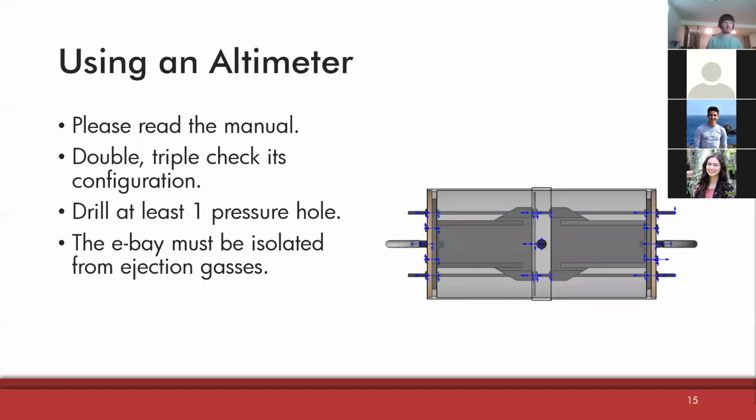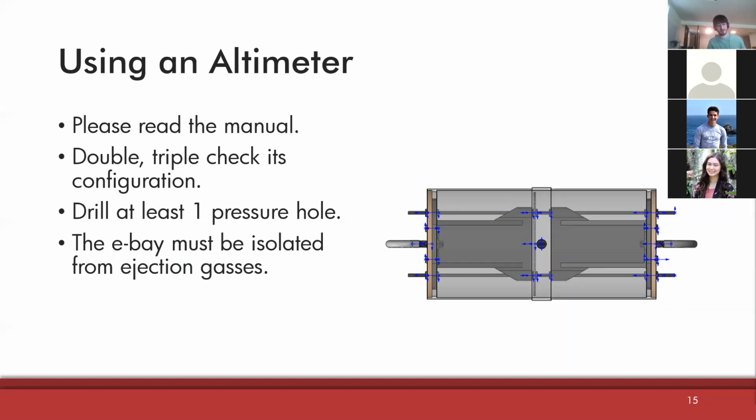Continuing on using an altimeter, as I said before, please read the manual. You want to know how it actually works before you use it. The other thing, double, triple check your configuration before you actually close up your rocket. That will save you from being that USLI team that blew up at 800 feet.